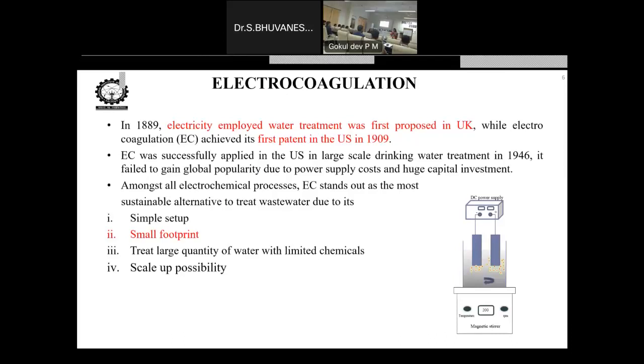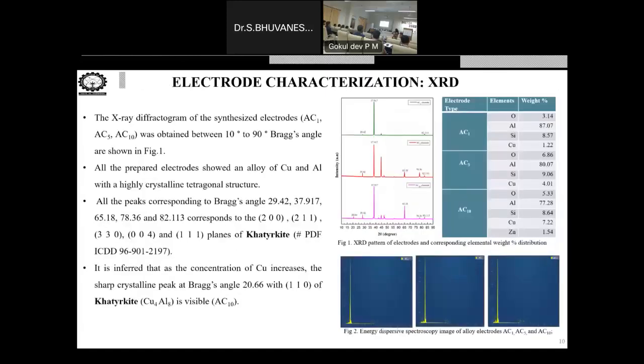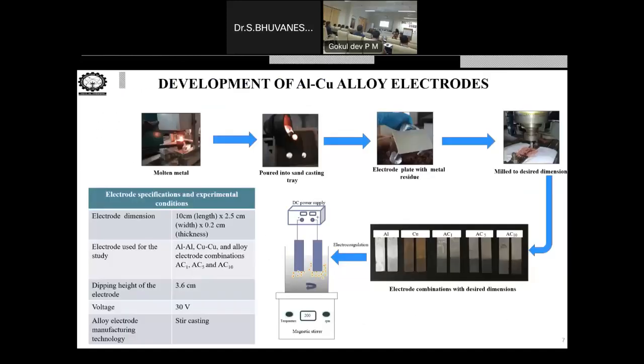Now coming to this exact work, the development of aluminum-copper alloy electrodes. See here, this is the molten metal. We are melting aluminum separately and copper separately, then combining them in the required ratio.